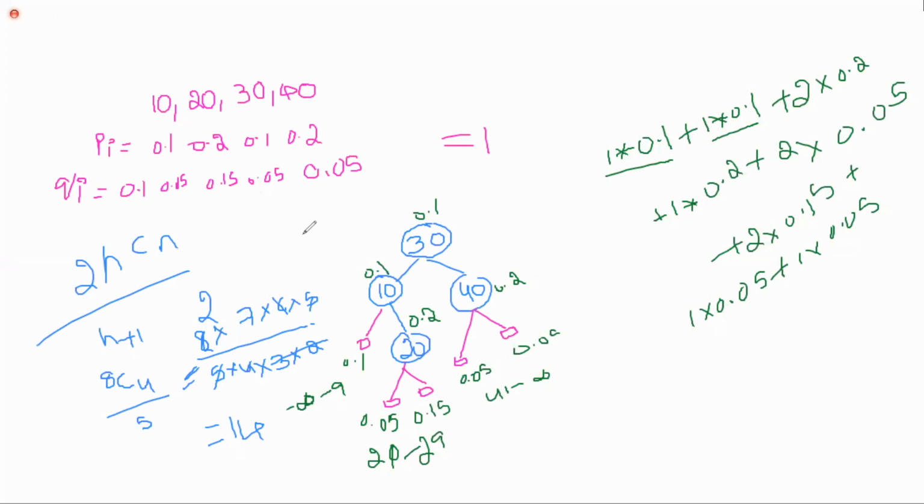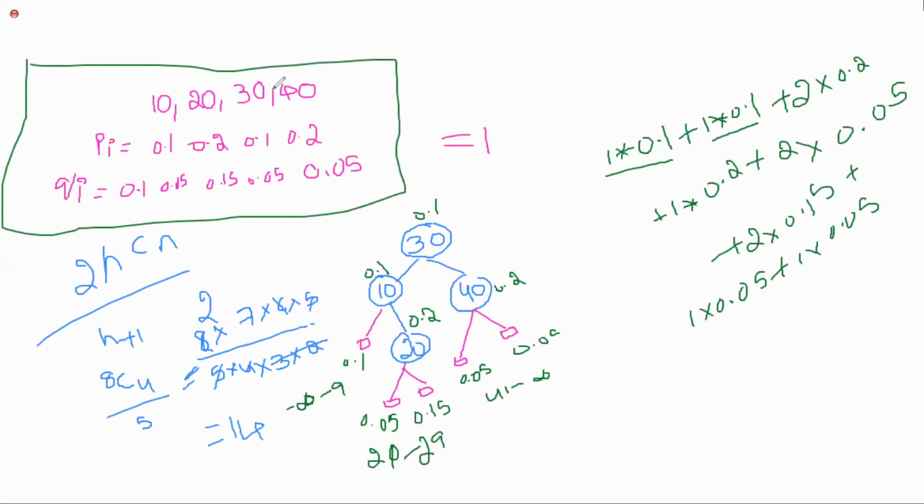What calculation have you done over here? Can you explain it again? No, there is no calculation as such. Generally they will give you a question like this: what is the number of nodes, what is the probability of a successful search, and what is the probability of an unsuccessful search. When you are constructing, you have to consider both.